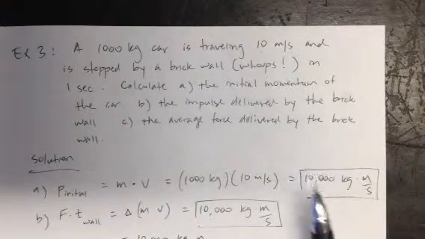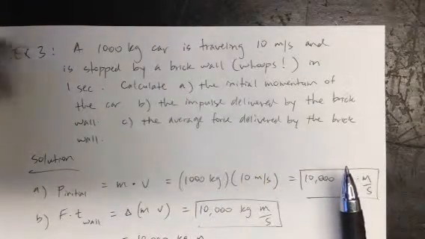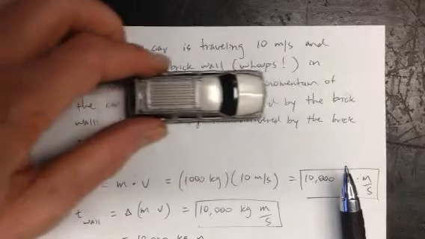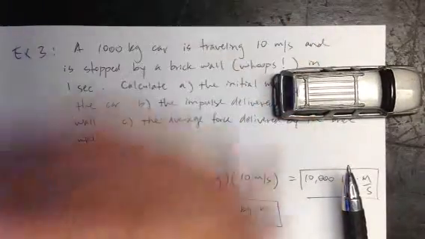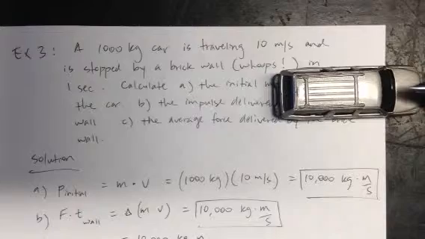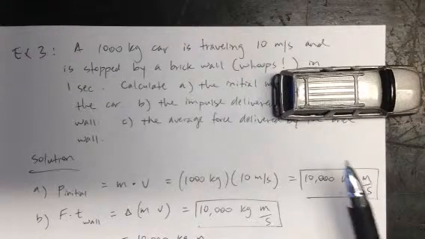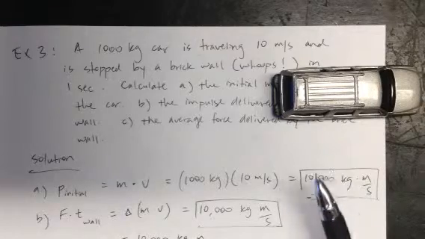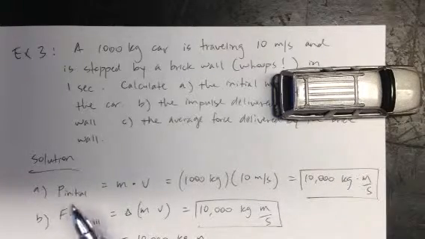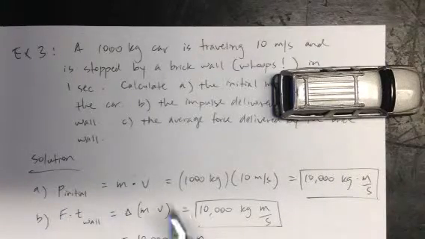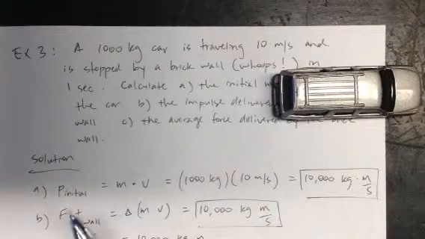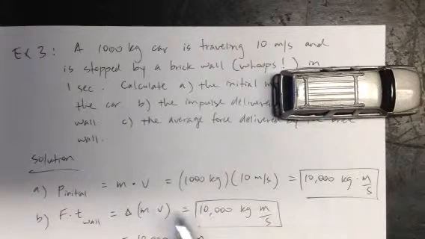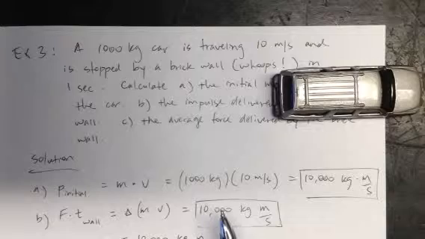So all of this momentum that the car has before it hits the brick wall is going to come to 0 once the wall pushes back on it. So this is going to go from 10,000 to 0. That means the change in momentum is 10,000. So setting impulse equal to a change in momentum means that the impulse is equal to 10,000.